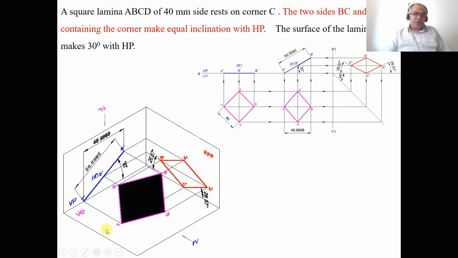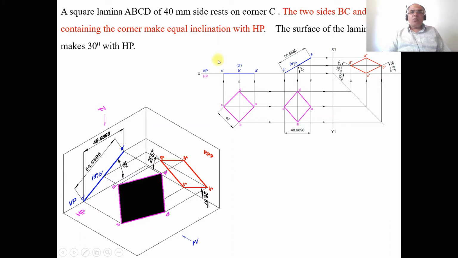As we look from the side view, the two sides, BC and CD containing the corner resting on HP, make equal inclinations with HP. The inclination made, as we see from the side view, falls on the right profile plane. You can see here it makes 26.57 degrees on this side, and also 26.57 degrees on this side.